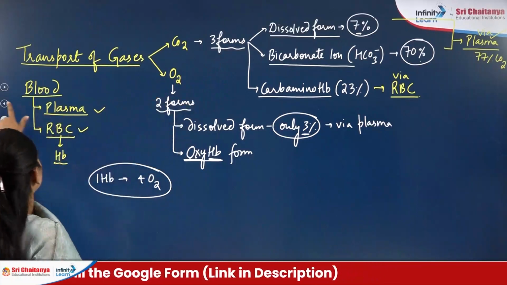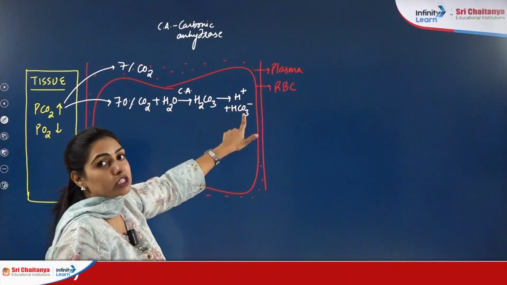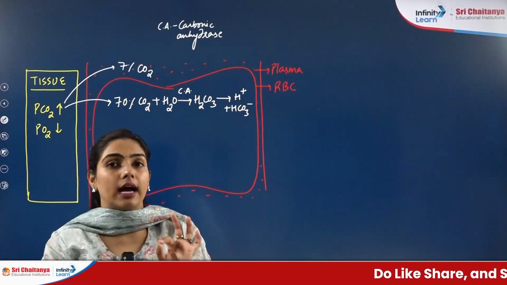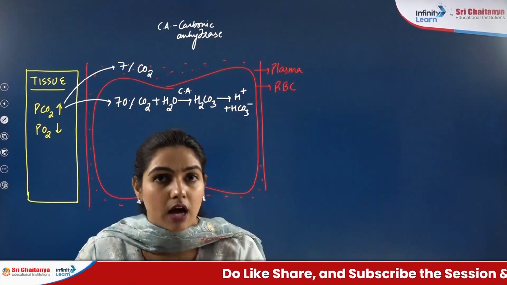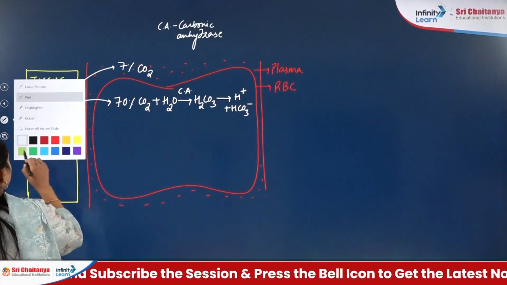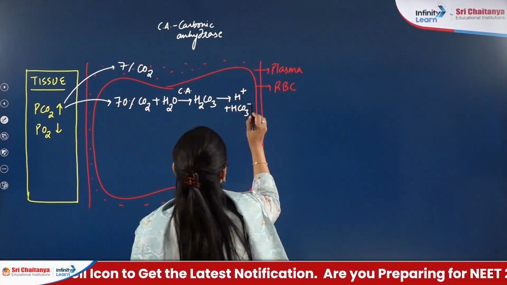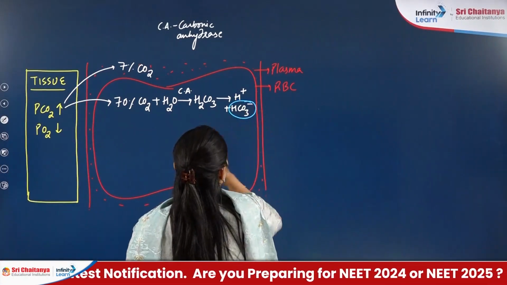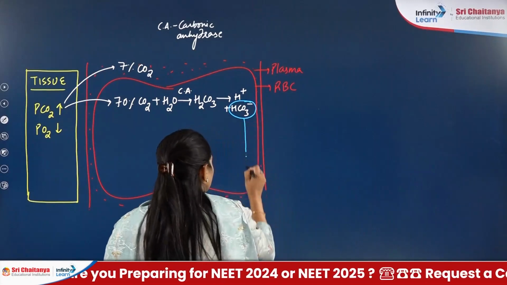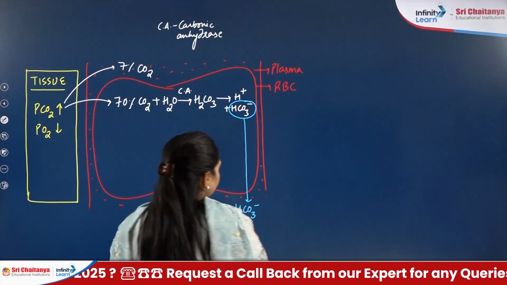So we have seen the dissolved form and we have also seen the bicarbonate ion formation. But I have told you bicarbonate will travel through the plasma, so it has to come out of the RBC. Let us throw it out, right? This is the bicarbonate ion. It will come out into the plasma.